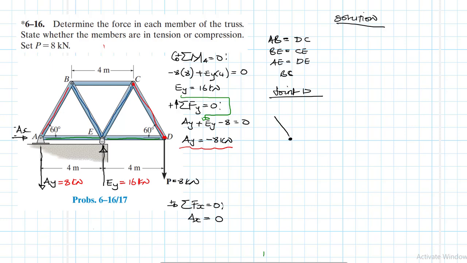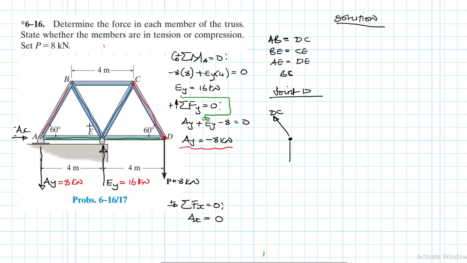We have this force, which is DC. We have components, and the other thing I wanted to explain is the geometry. When you look at the geometry of our truss, AE is equal to 4 meters, and so is ED, and BC is equal to 4 meters, and we've been given that the angle BAE is 60 degrees.